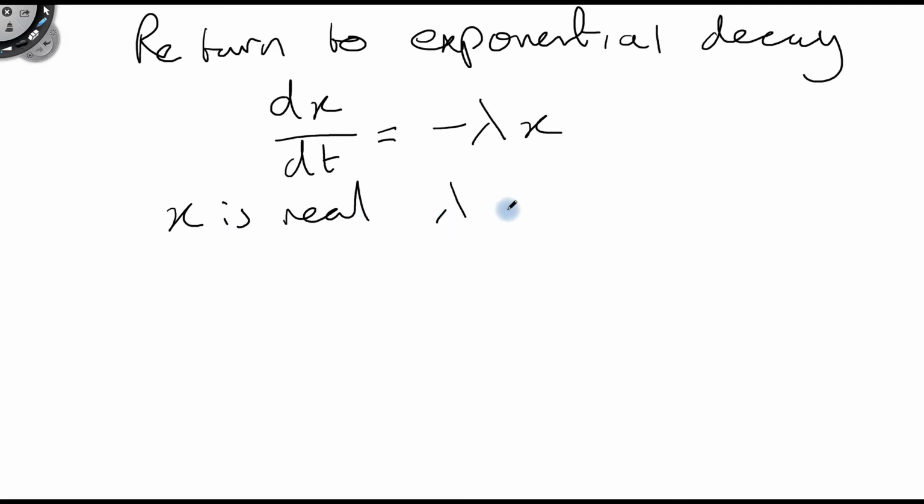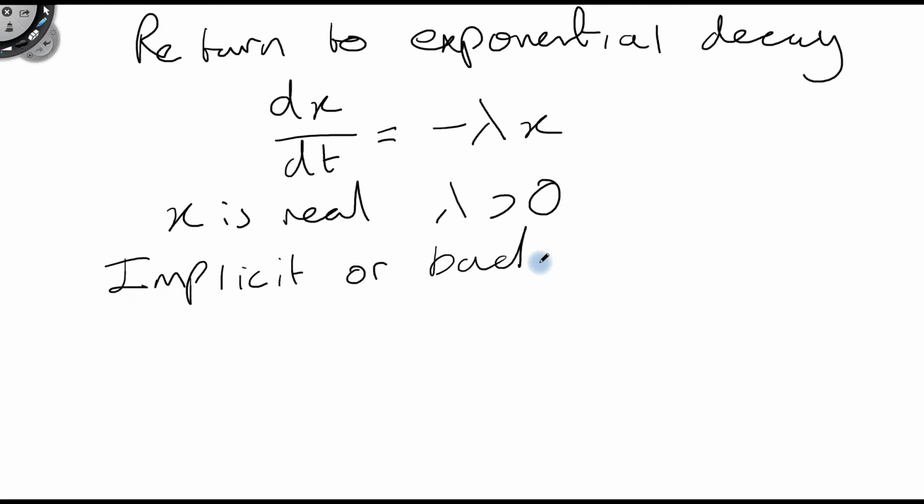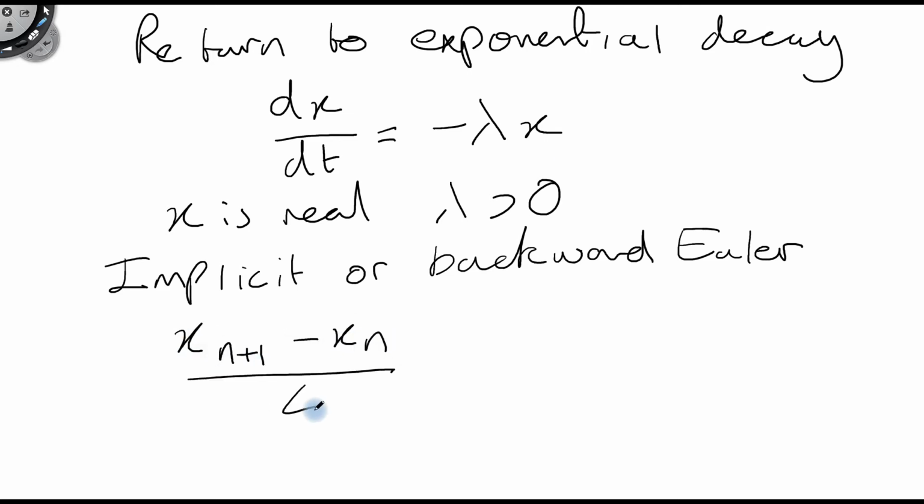Remember, lambda is greater than 0, etc. And now we're going to do an implicit, or backward, discretization. So the key thing we're going to revise: before, we evaluated this at step n, now we're going to evaluate it at step n+1. So the left hand side is simply x_{n+1} minus x_n over delta t.